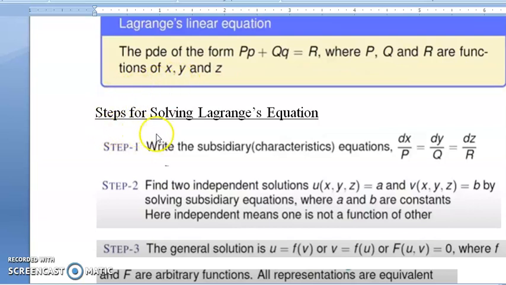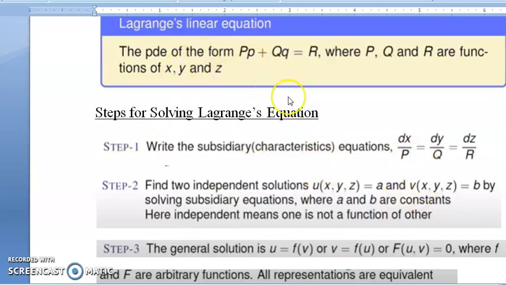Okay. Now next we will see how we can solve the Lagrange's linear equation, the steps for solving Lagrange's linear equation. So first step is you have to form a set of equations called subsidiary or characteristic equations using the formula dx by capital P is equal to dy by capital Q is equal to dz by R. So this is called subsidiary equations for Lagrange's linear equation.